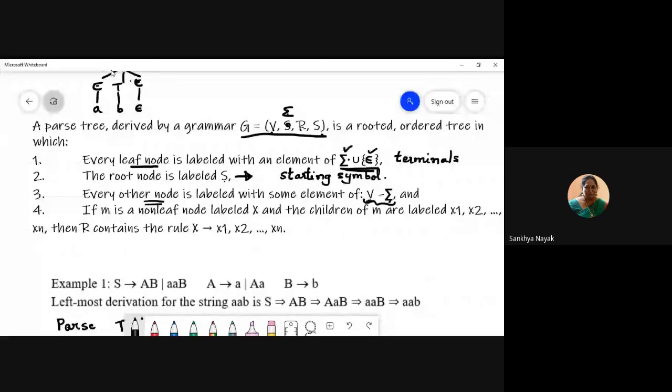And let us say M is a non-leaf node labeled X, with children X1, X2, etc. The meaning of this is that there will definitely be a rule X derives X1, X2 up to Xn. Only if you have a rule like this can I expand a tree like this. All right.